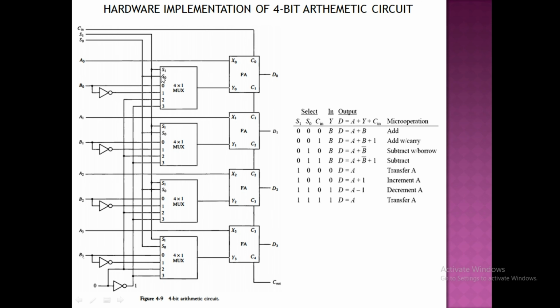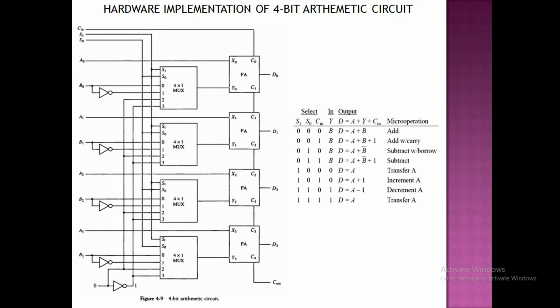When the selection lines are 1 0, we select the second line, which is the 0 pin, and when both selection lines are 1 1, we select 1 as an input to the multiplexer, which is the third pin in the multiplexer. How the operations will be performed we will discuss.